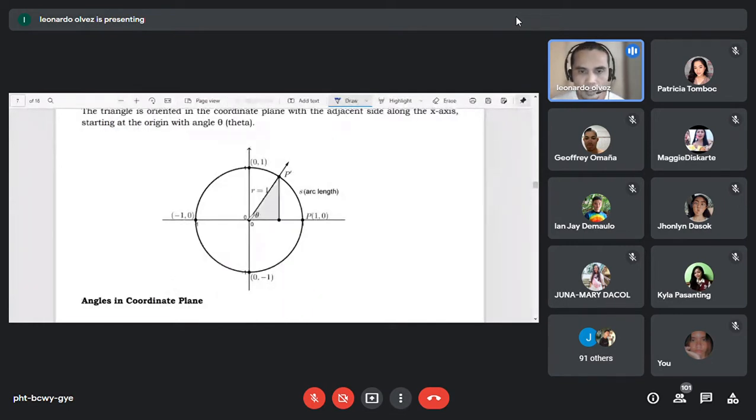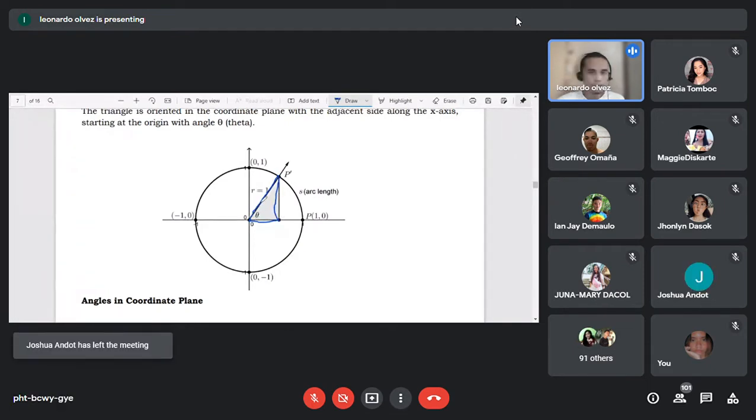We can always create or make an angle using the unit circle. So the unit circle is what we base on in making angles. In the unit circle we can have the right triangle such that the hypotenuse is the radius of the circle.